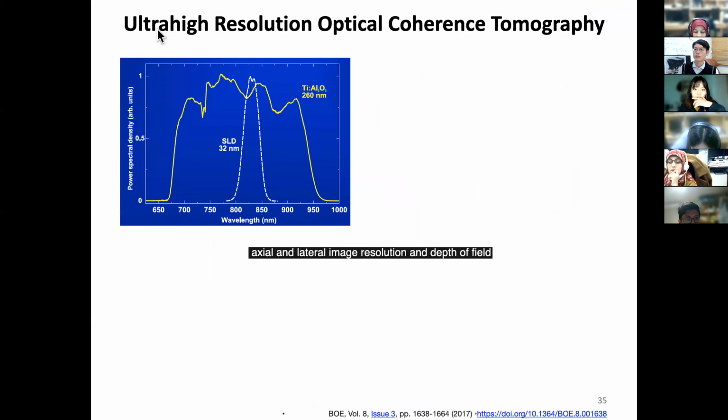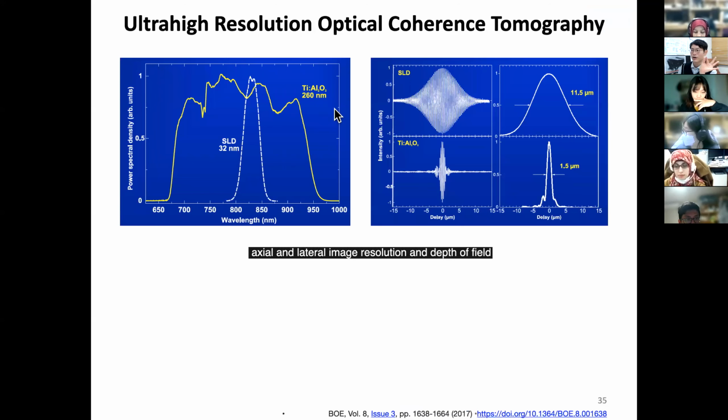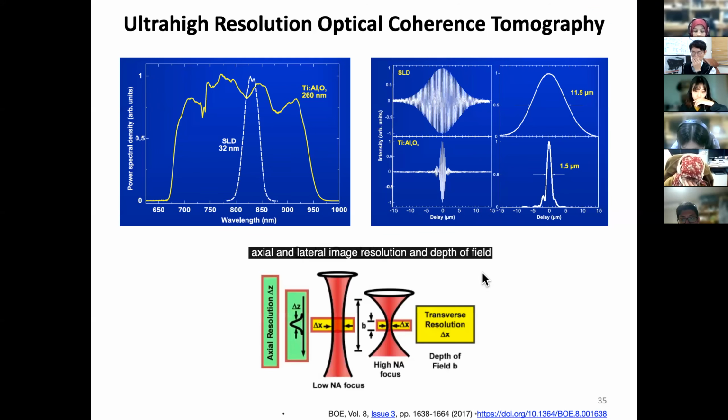And also to get ultra high resolution, you need a very short coherence length, you need a super broad wavelength range. With that, you can have even 1.5 micron axial resolution, which is almost like microscopy. So this slide shows, hey, wait a second, I want a high lateral resolution.